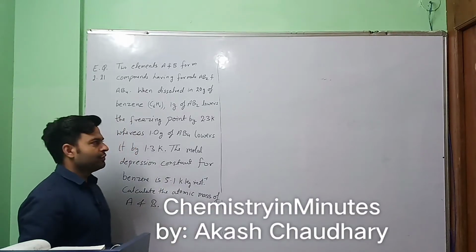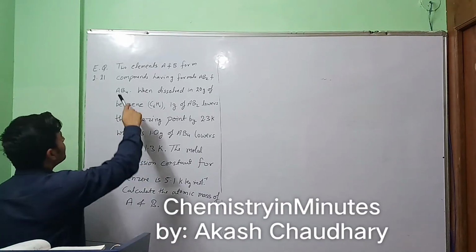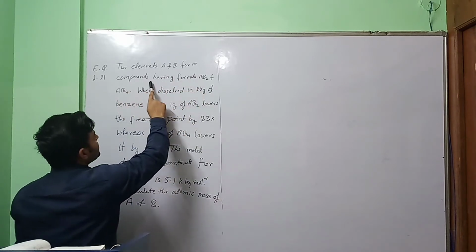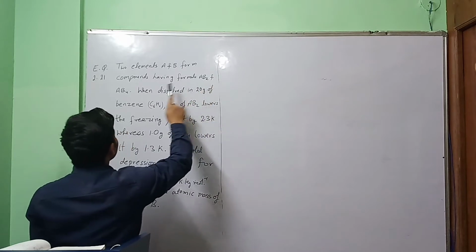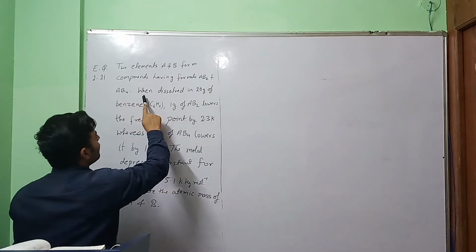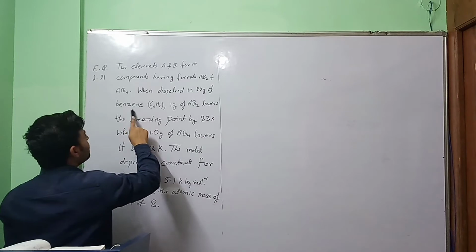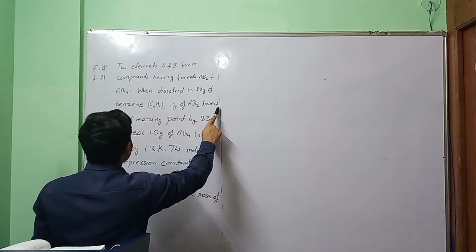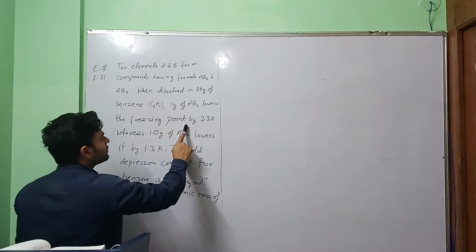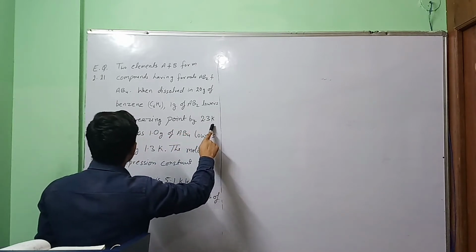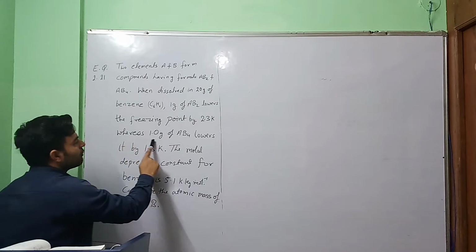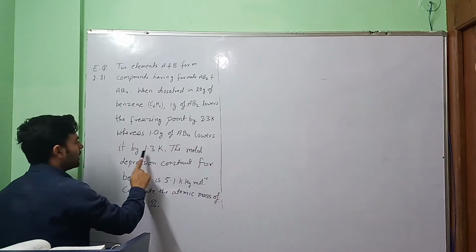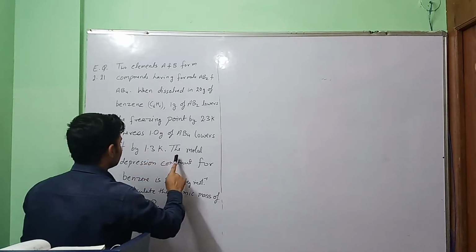The question now we have to solve is: two elements A and B form compounds having formula AB2 and AB4. When dissolved in 20 gram of benzene C6H6, 1 gram of AB2 lowers the freezing point by 2.3 Kelvin, whereas 1.0 gram of AB4 lowers it by 1.3 Kelvin.